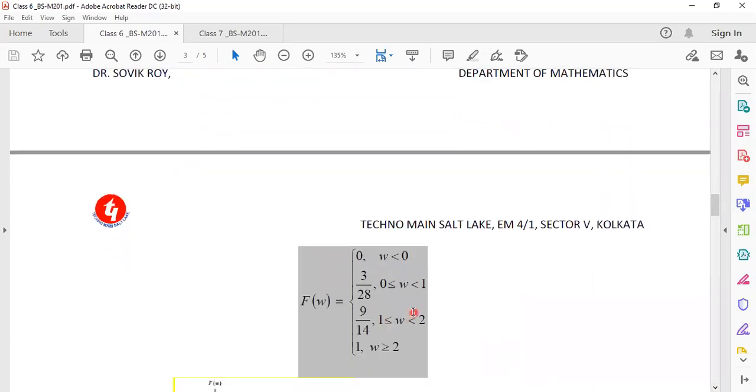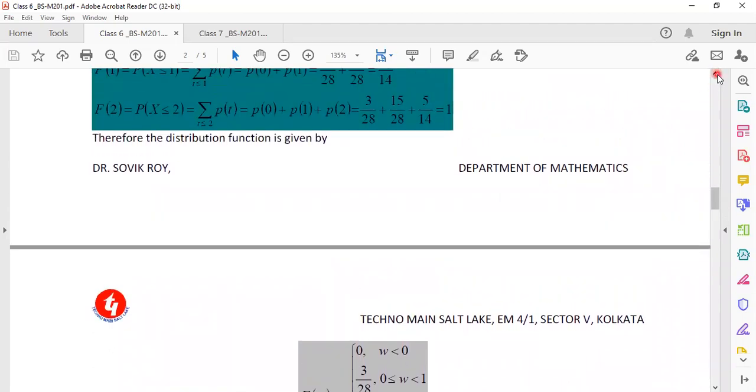Now, the next case. You try to see that 0 has been included in the system, but 1 has been excluded. Next phase, you can include 1 and exclude 2. If you do so, what are the possible values of W? Then W equals 1. W can take only one value here, 1. But according to the distribution function, what do we get?